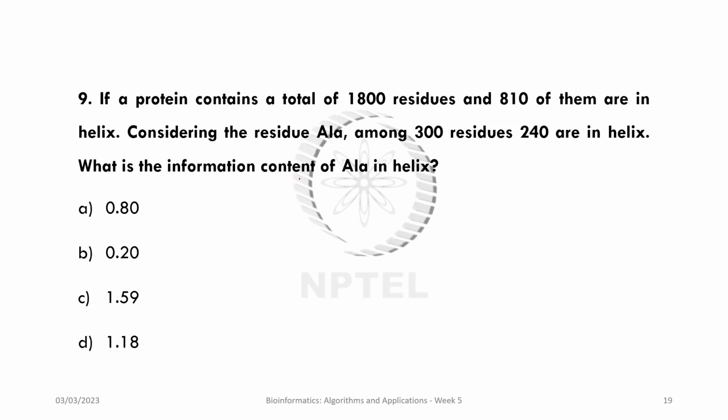Question 9. If a protein consists of a total of 1800 residues and 810 of them are helix, considering the residue alanine among 300 residues, 240 are in helix. What is the information content of alanine in helix?